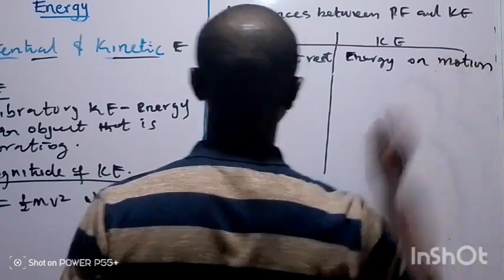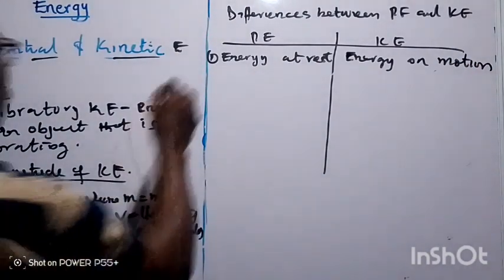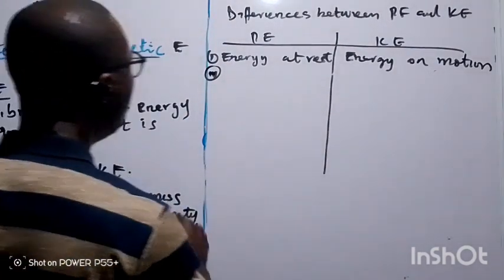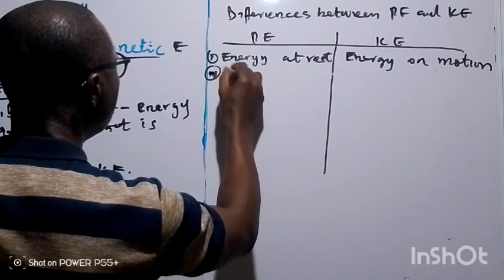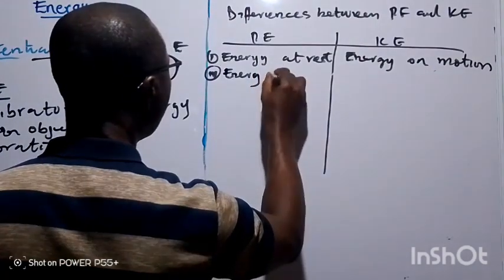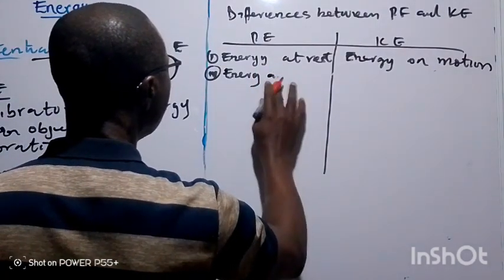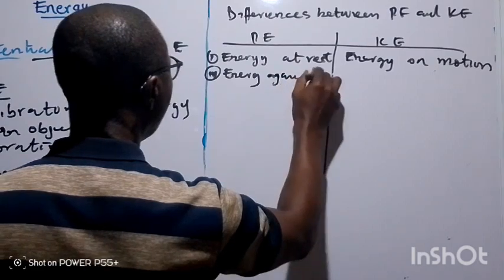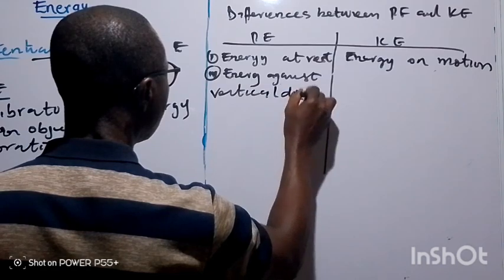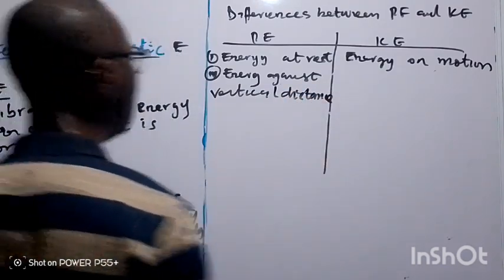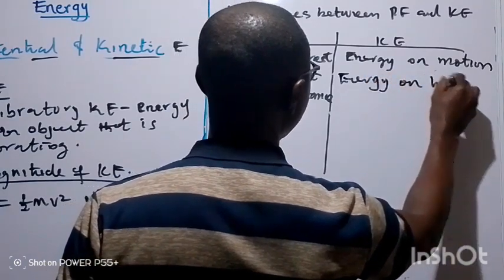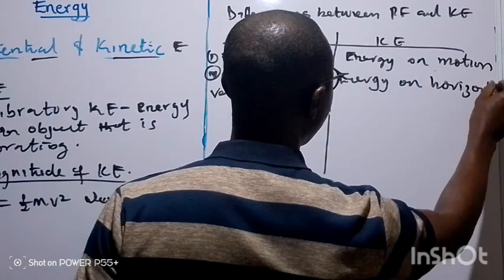That's number one. Number two, PE is energy against particle distance, while this one is energy on horizontal level.